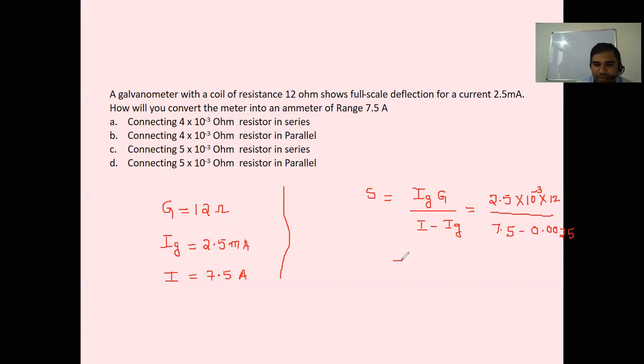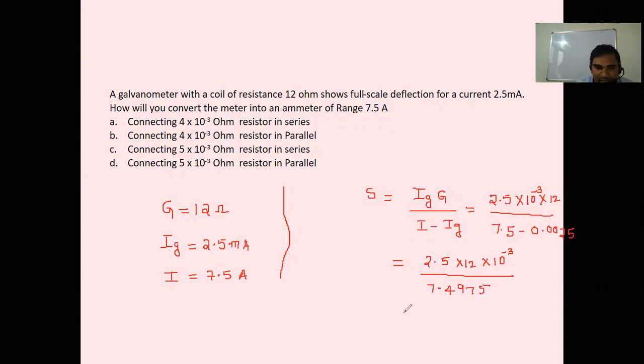Further, if we simplify, we can rewrite this as 2.5 into 12 into 10 power minus 3, whole divided by (7.5 minus 0.0025), which is 7.4975.